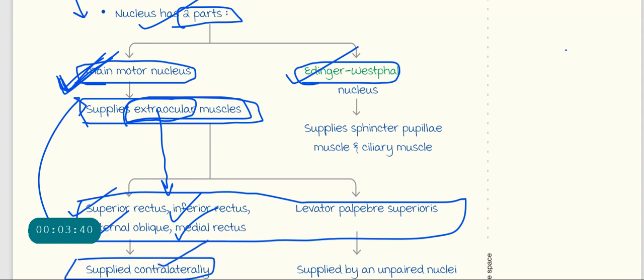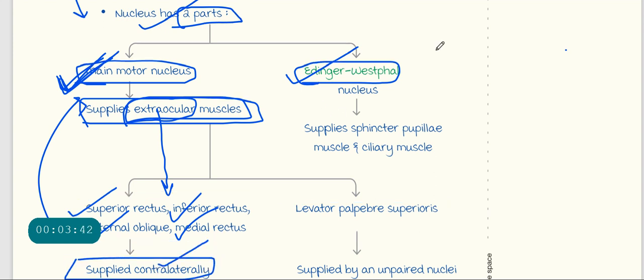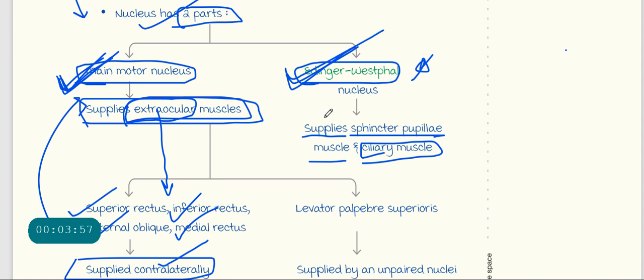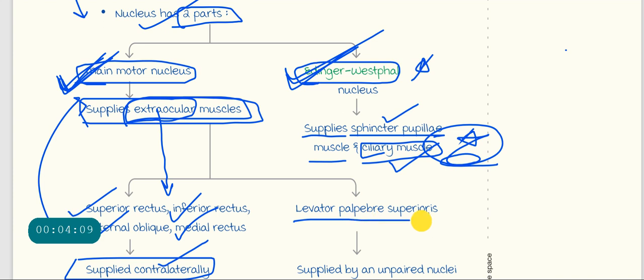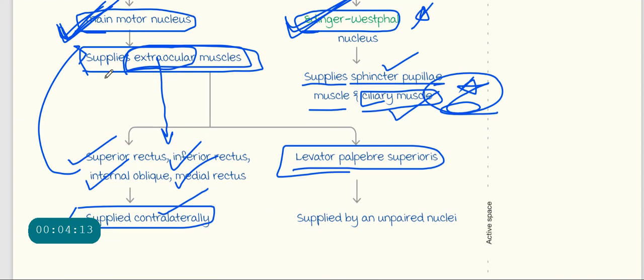Okay, now the most important thing over here, the Edinger-Westphal nucleus, supplies the sphincter pupillae muscle and the ciliary muscle. Okay, remember, the Edinger-Westphal nucleus supplies the sphincter pupillae muscle and the ciliary muscle. Very important. Now the main motor nucleus also supplies the levator palpebrae superioris. So what all muscles are supplied by it?